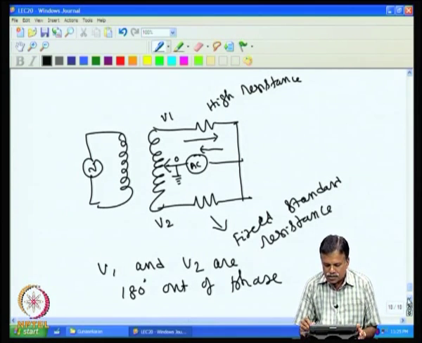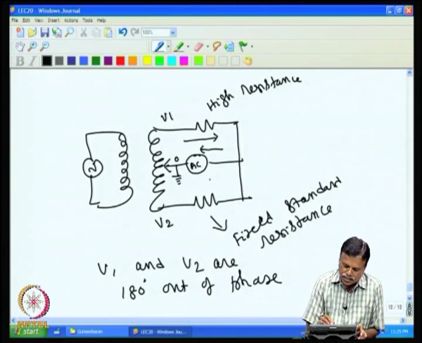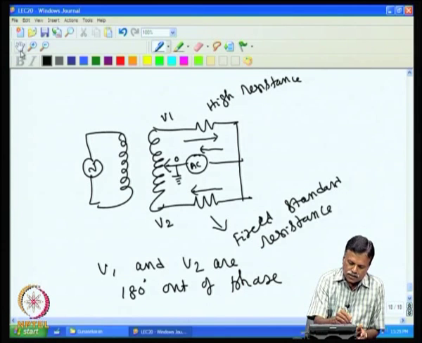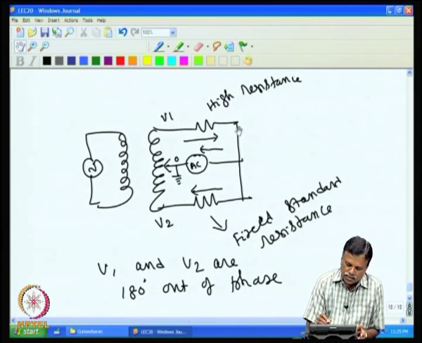That makes this current and this current opposite. So if this current is flowing like this, then this current is flowing like this. So we have two opposite currents.